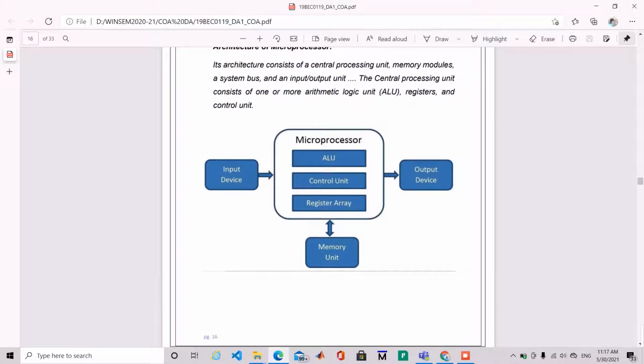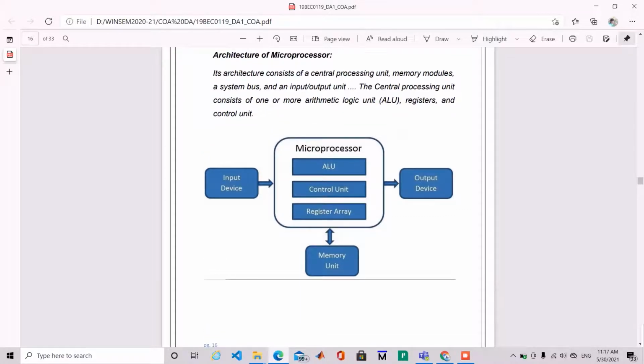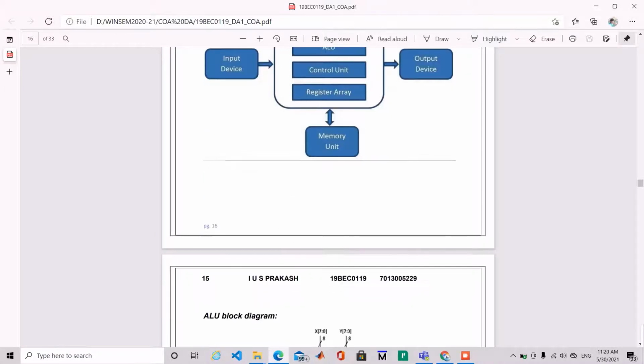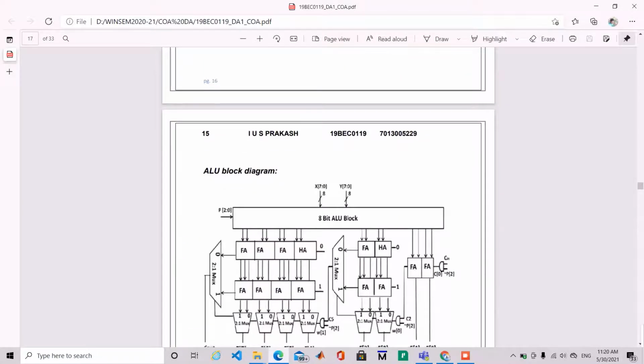Here this was the connection of the microprocessor. Internally to the microprocessor we will connect the input device, and the microprocessor contains the ALU, control unit and the register array, and it will be connected to the memory unit and to the output device. And then it was the ALU block diagram.